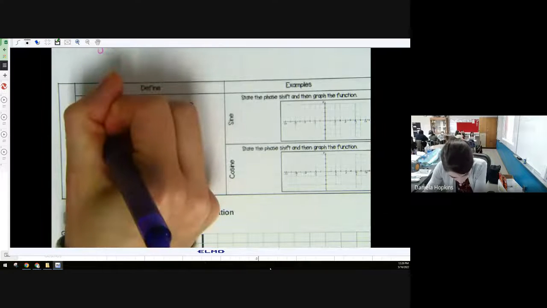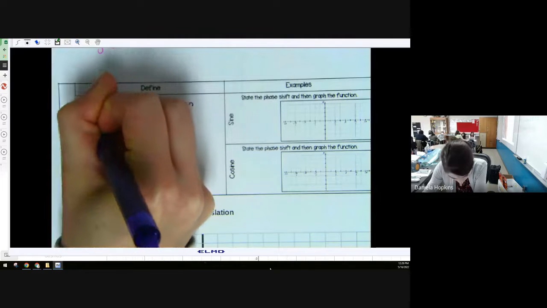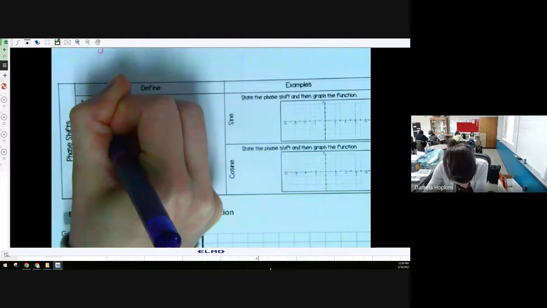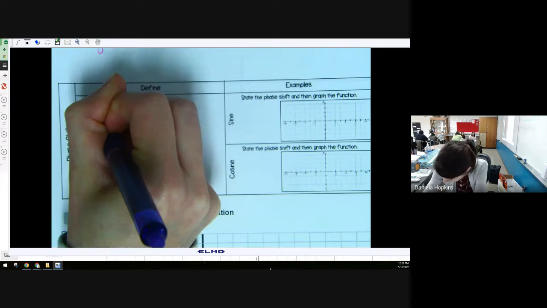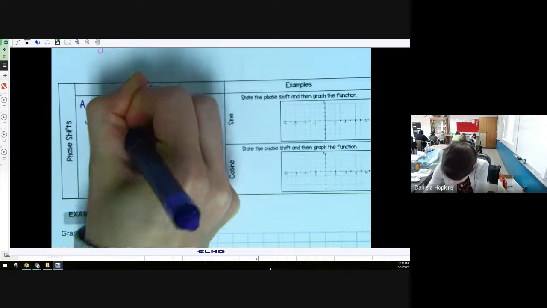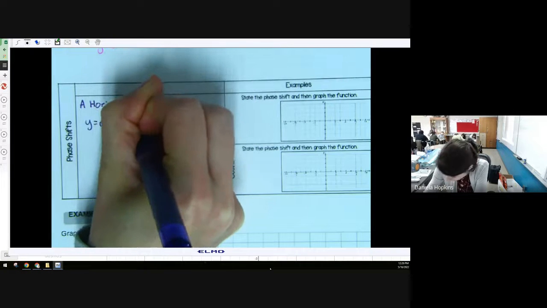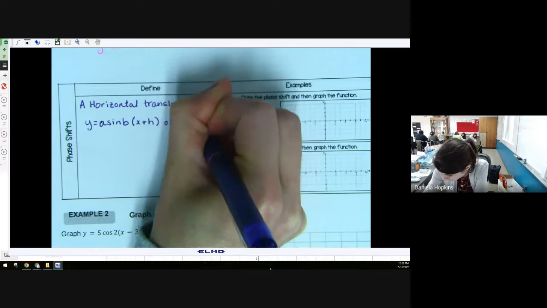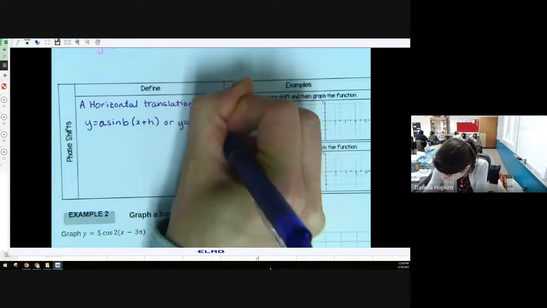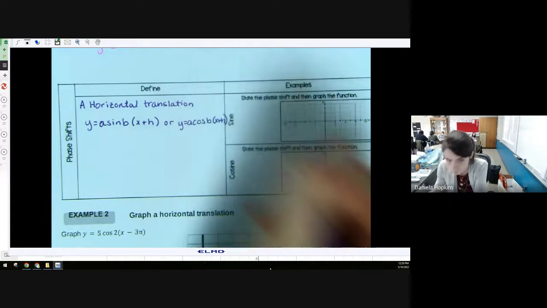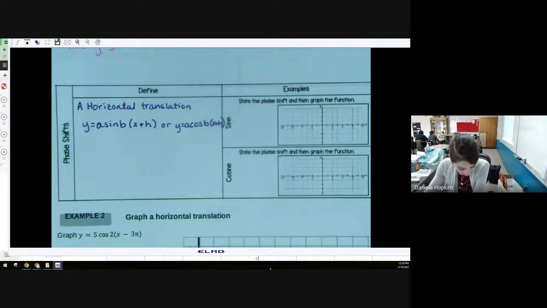You're going to have a function that looks like y equals, did I not put an a there? Sure. Should be a times sine b of x plus h, or y equals a cosine b of x plus h. And then it works backwards to what you think.